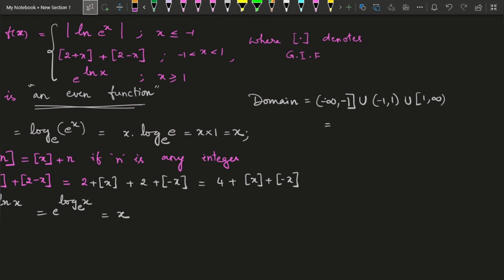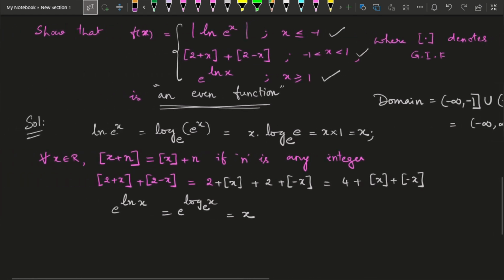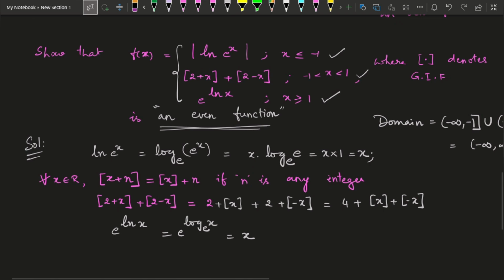Obviously, this is the set of real numbers, open interval minus infinity comma infinity. So the domain of the given function is nothing but the union of all these three intervals: x less than or equal to minus 1, minus 1 less than x less than 1, x greater than or equal to 1.